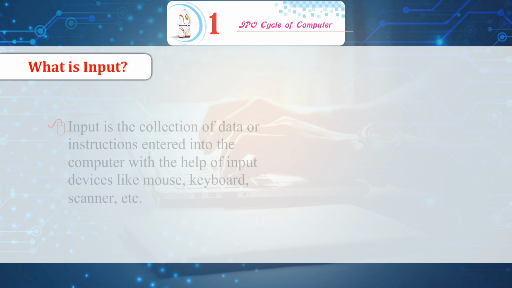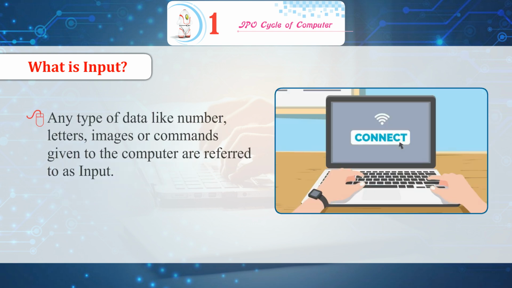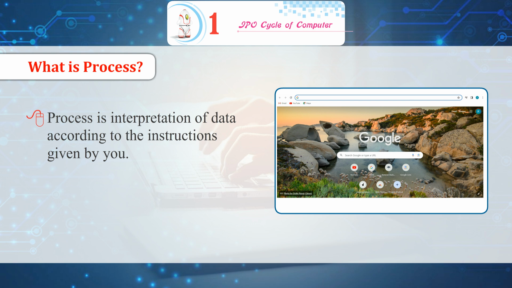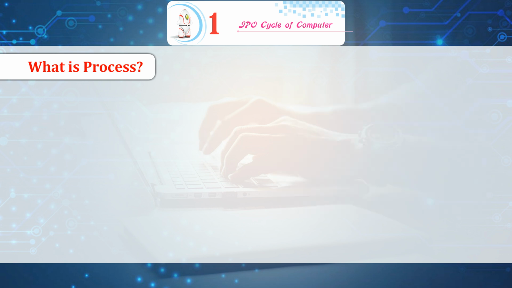What is input? Input is the collection of data or instructions entered into the computer with the help of input devices like mouse, keyboard, scanner, etc. Any type of data like numbers, letters, images, or commands given to the computer are referred to as input. What is process? Process is the interpretation of data according to the instructions given by you. Process in a computer is carried out by the processing device of the computer, which is the CPU.